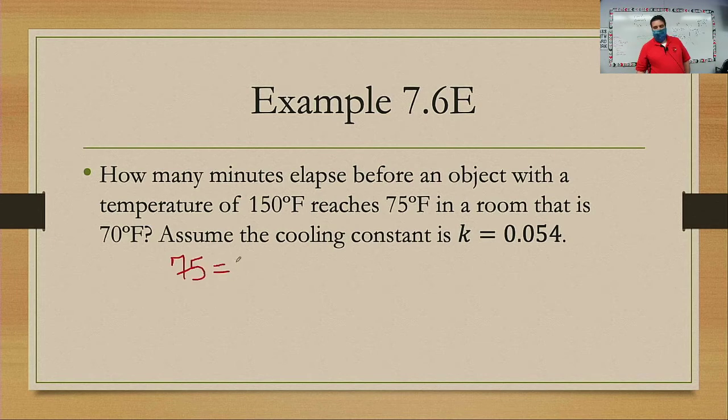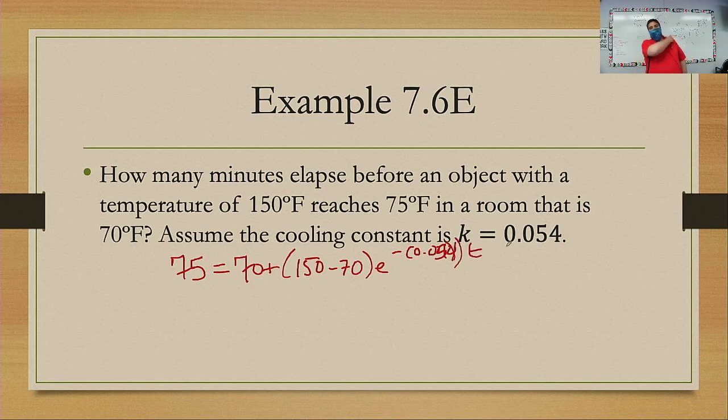This is going to have to equal the room temp plus 150 minus 70 degrees times e to the negative 0.054, sorry, numbers aren't important.